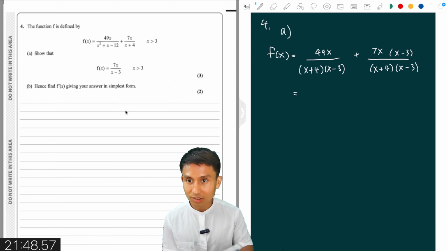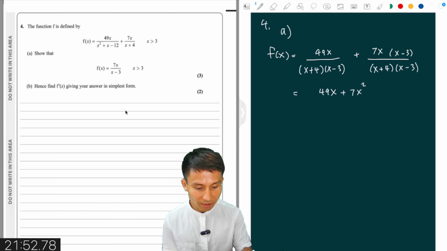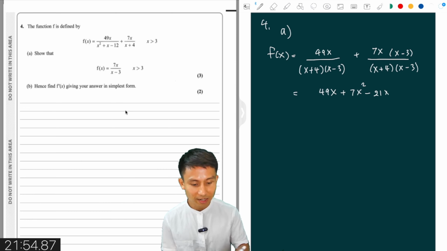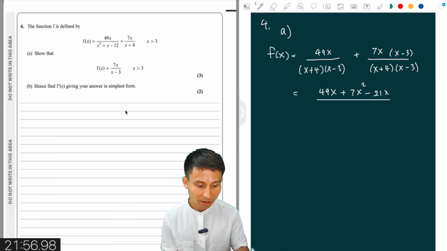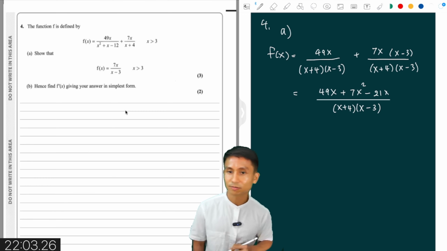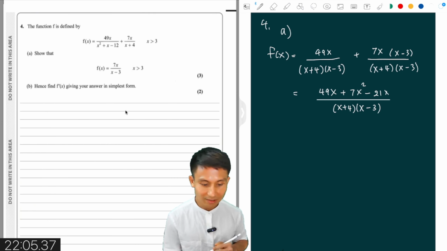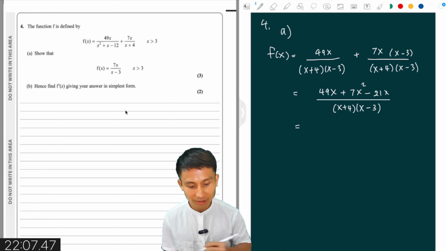Right? Now you can merge them. So that's 49x plus 7x squared minus 21x, just expanding everything on the right part. And then the bottom bit here, I'm going to keep it in the factorized form because we need to cancel out, looking at the final form we want there.